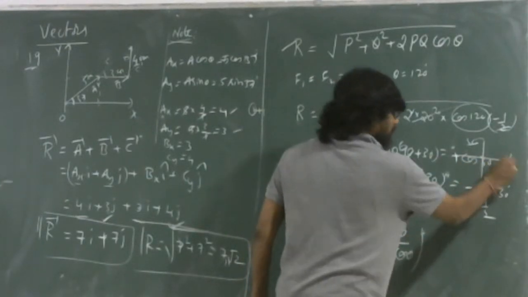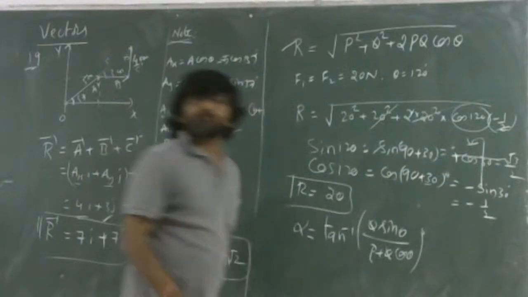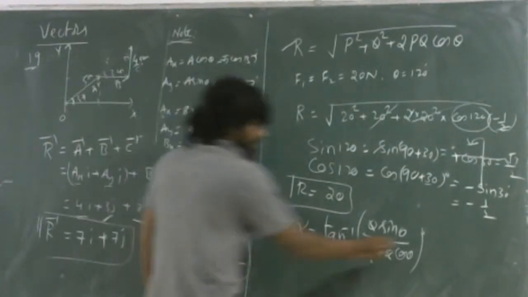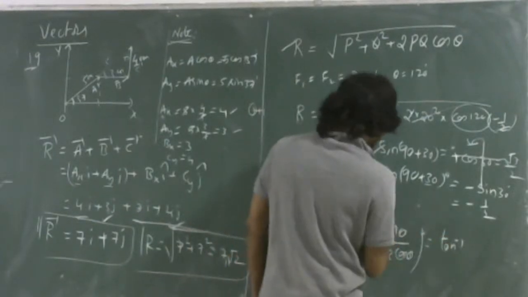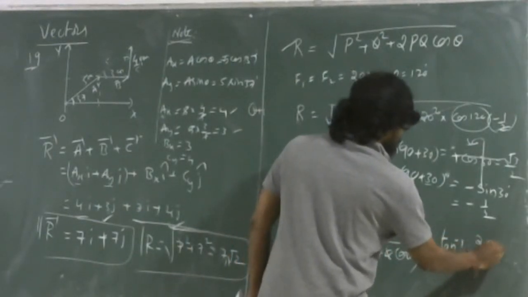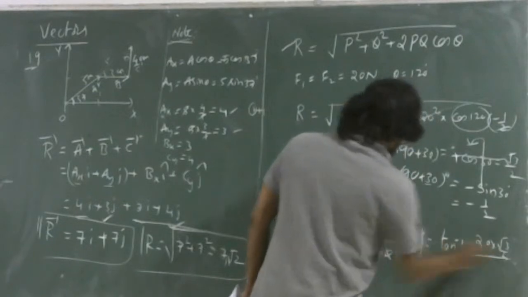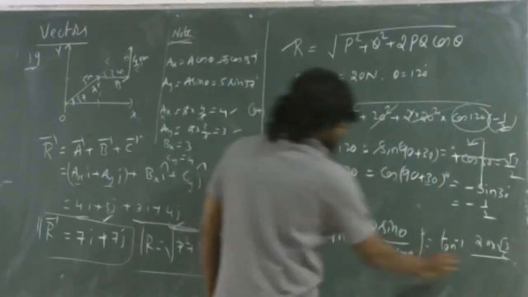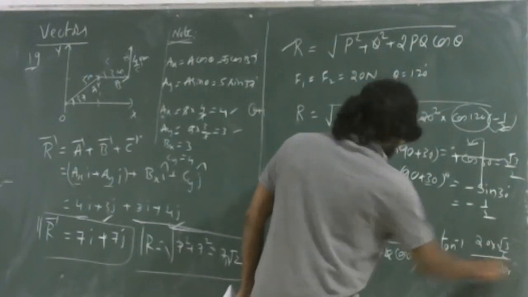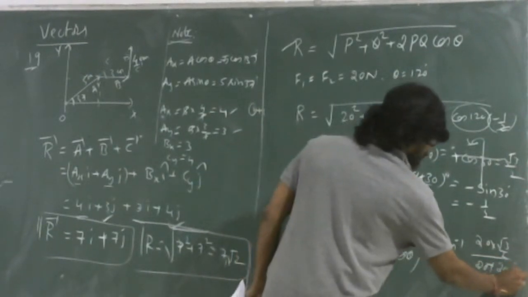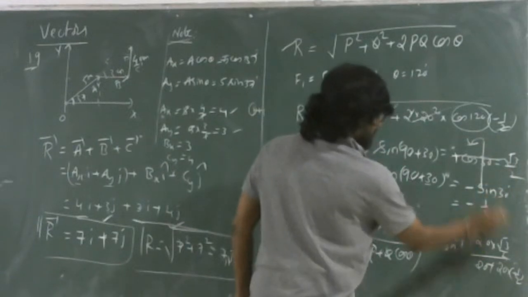So cos 30 is root 3 by 2. So you can take this as tan inverse of Q is 20 into root 3 by 2 by P, P is 20 plus Q is also 20 into cos 120, which is minus 1 by 2. And I have discussed here minus 1 by 2.